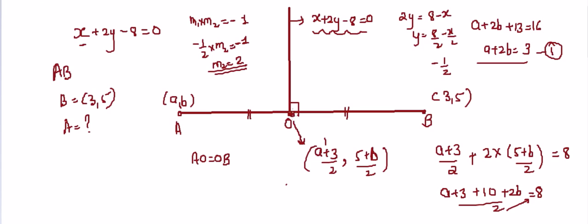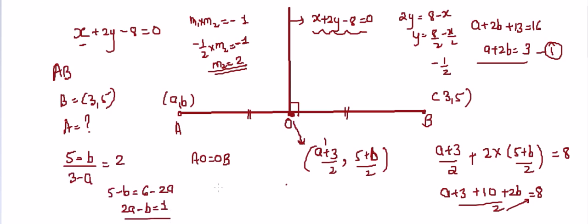If the slope of this line is 2, we know that change in y over change in x is the slope. Only concentrate on the line AB. So change in y is 5 minus b and change in x is 3 minus a, and this is equal to 2. 5 minus b is equal to 6 minus 2a, or I can say 2a minus b is equal to 1.